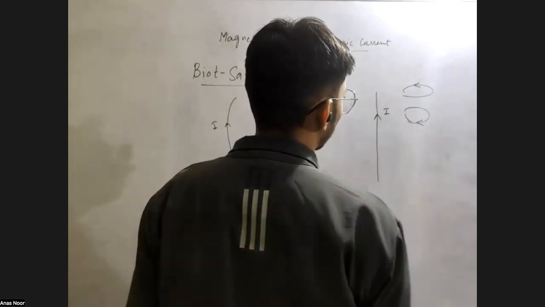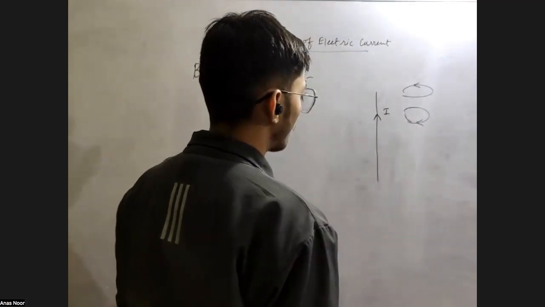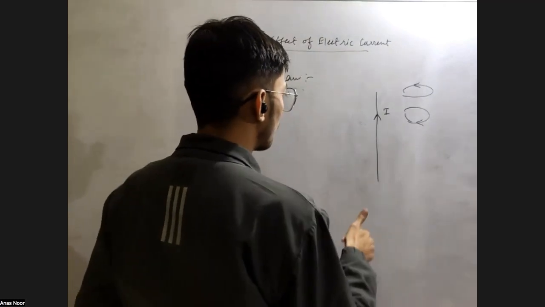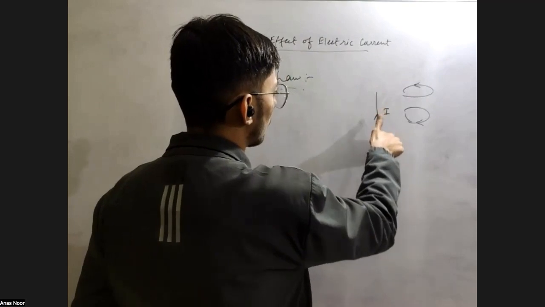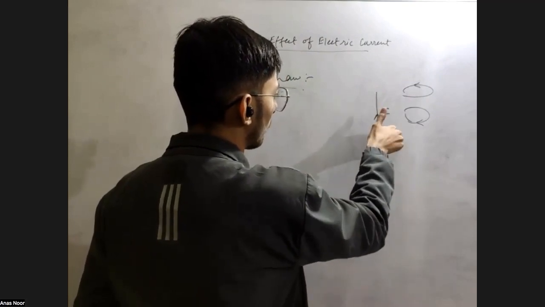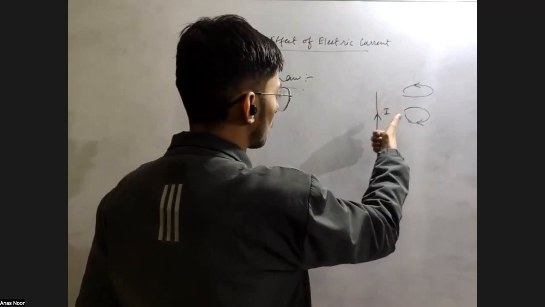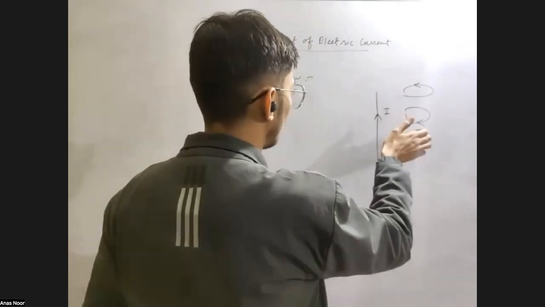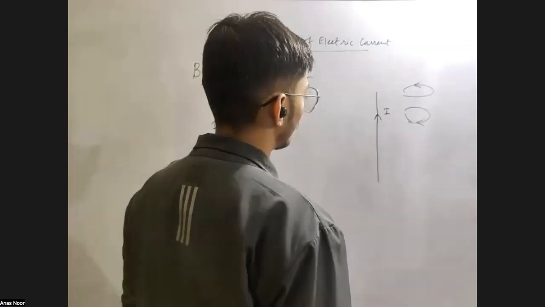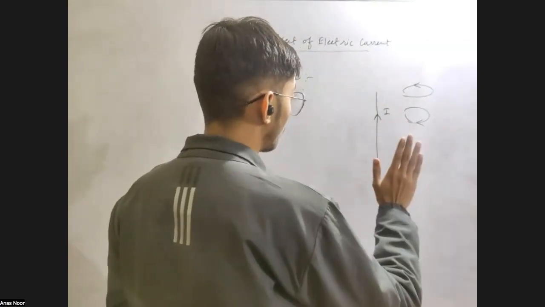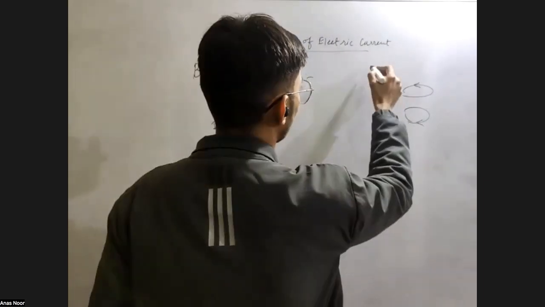So how will you find the direction? The simplest way is to put the thumb along the line of the current, and the direction in which the fingers curl will be the direction of the magnetic field. But use the right hand only. So the right hand thumb rule.